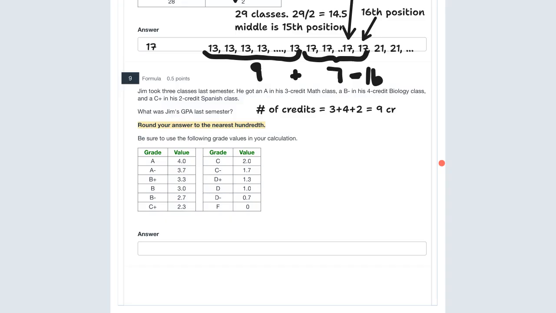So when we set this up, we have to multiply each grade times its weight. So there's going to be, the A is worth 3 credits, so 3 times that A plus 4 times the B minus plus 2 times the C plus.